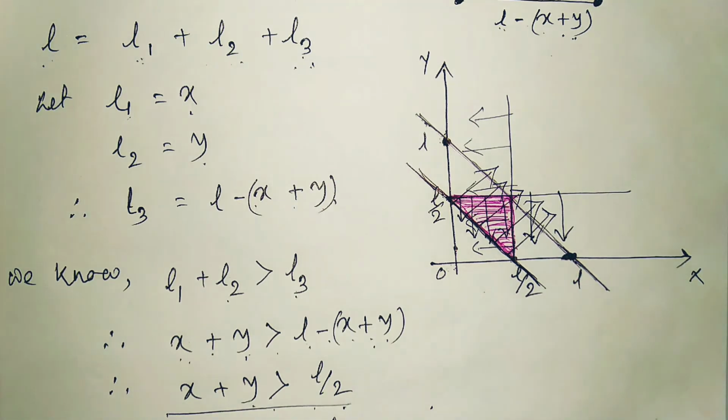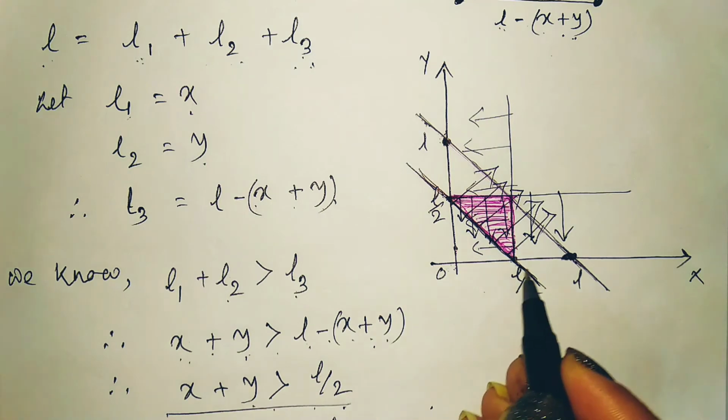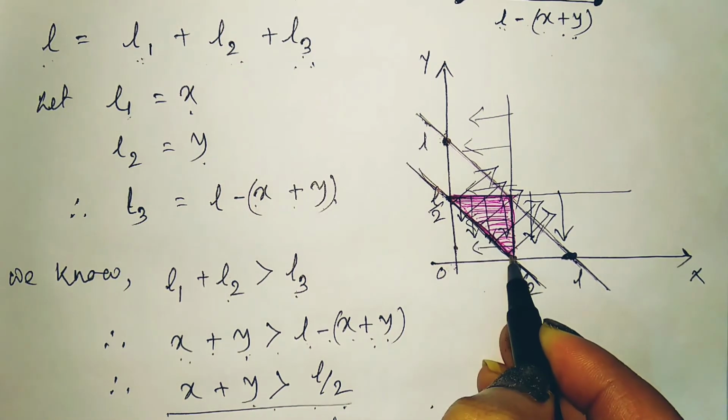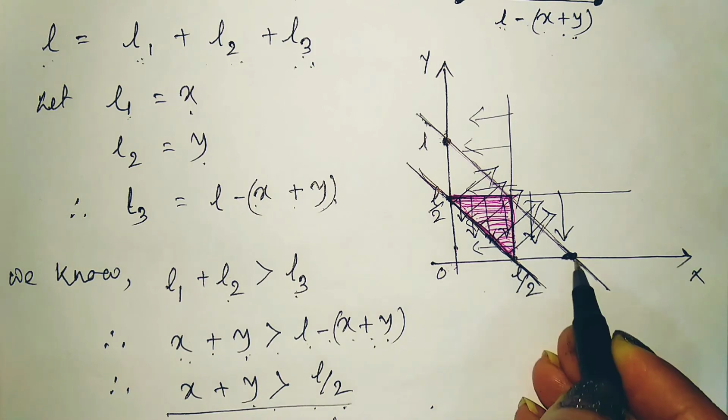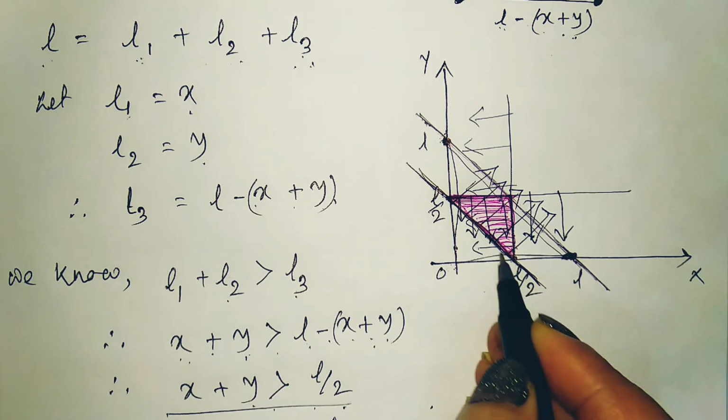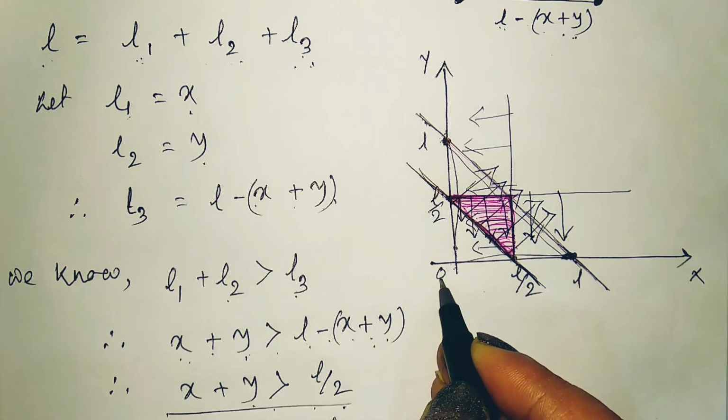Hence the probability, if we want to find out, then we find the area of this triangle. This is the favorable area and this is the sample area, so the probability should be the favorable area divided by the sample area.